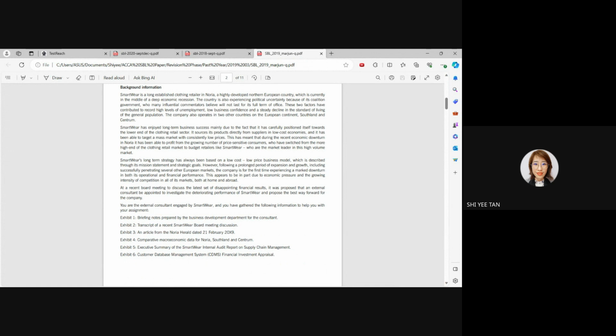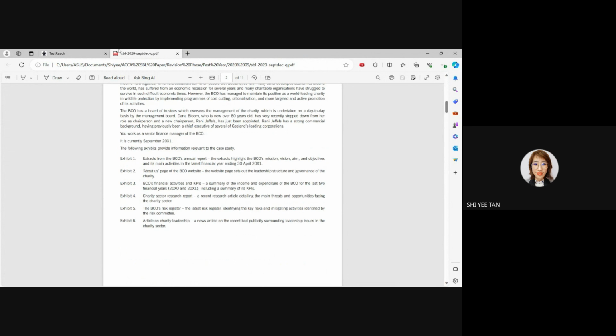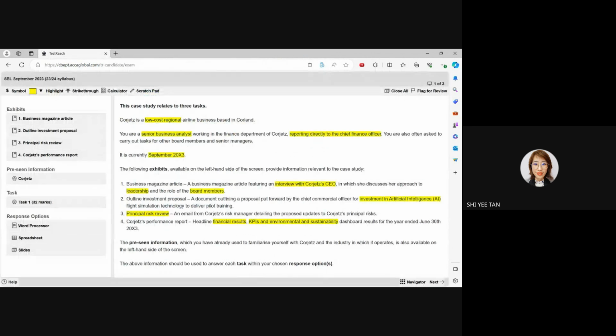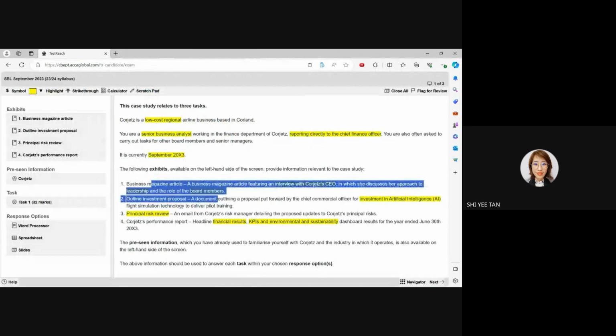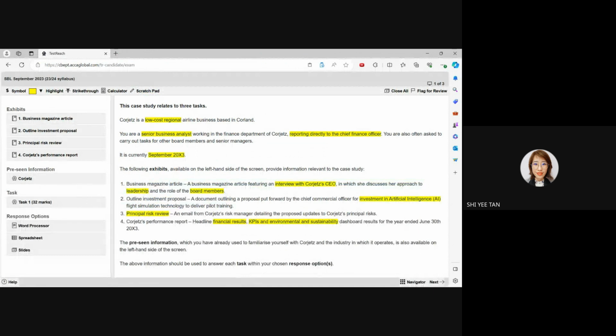Executive summary of internal audit report. Okay, this one's still okay. It makes some sense. It's about an internal audit report. Maybe there are some findings. Still makes some sense. But you see, all these, you do not know what is inside. So last time was like this. Okay, so now much longer, you know exactly this exhibit is talking about leadership and also the governance side, right?